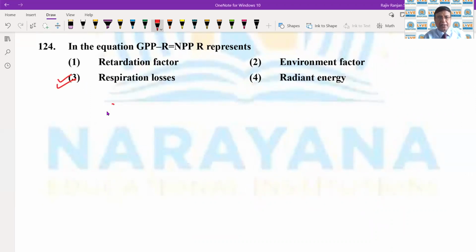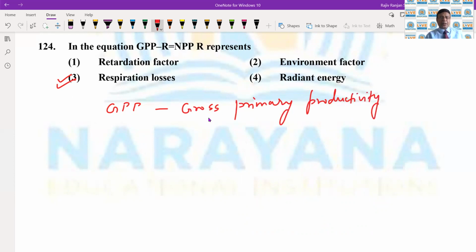So what is GPP? GPP stands for gross primary productivity. It is the total amount of the food that the plant forms in an ecosystem. Now R is the respiratory loss, the loss of the food through respiration.